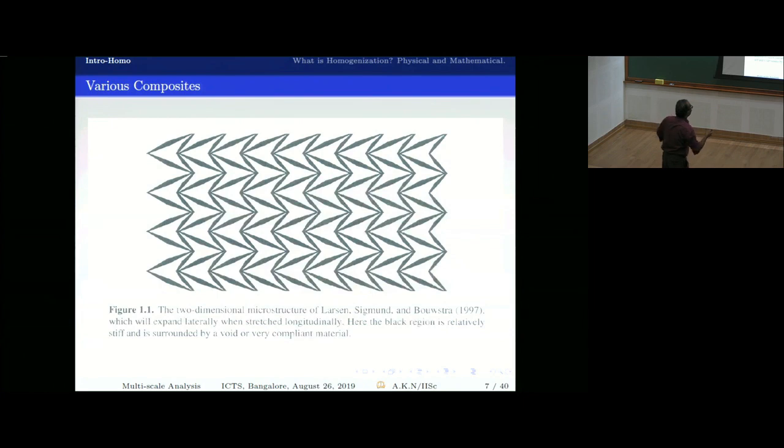Suppose I pull this. The distance between this point and this point increases, right? When you pull it, the distance between these two points increases, and so the distance between these other two points also increases. So at the micro level, when you pull it, all this distance also gets increased. So you can create microstructures with contradicting properties.